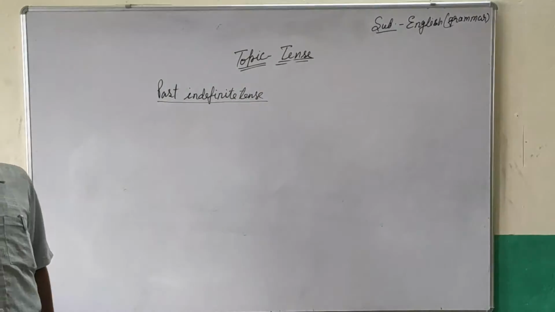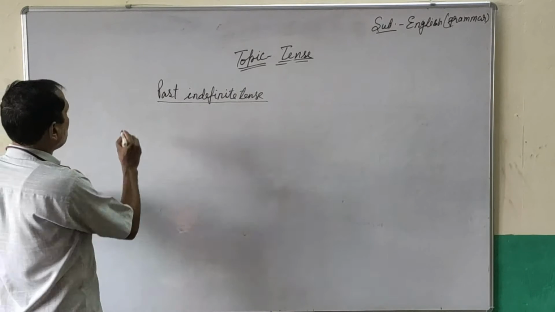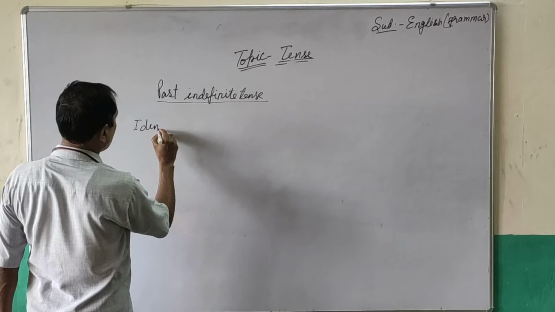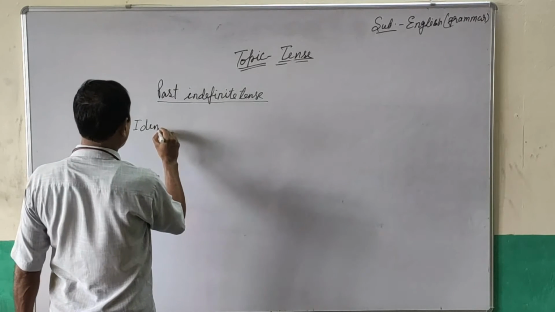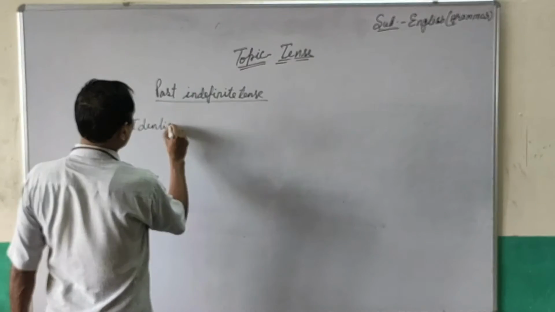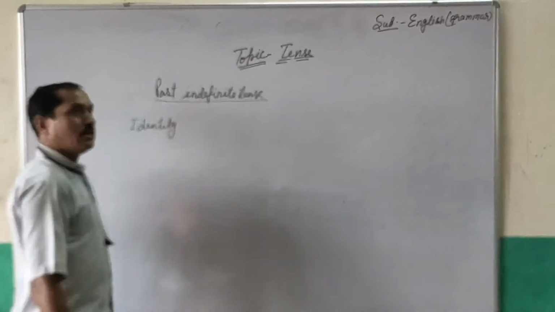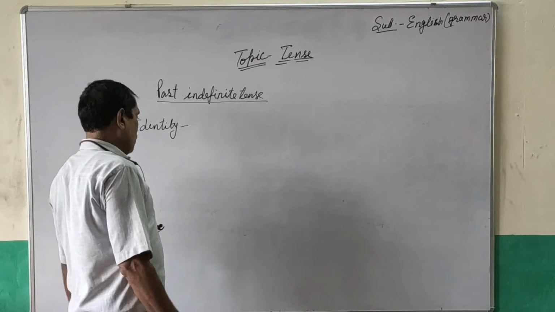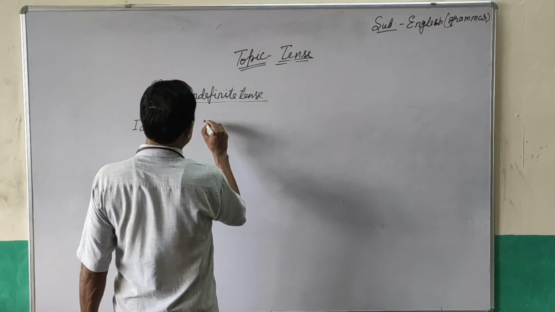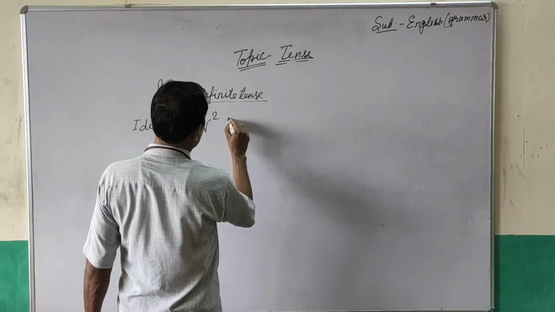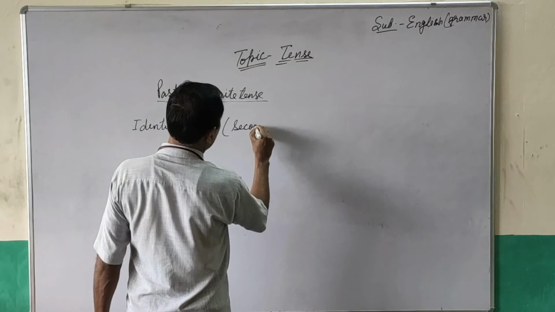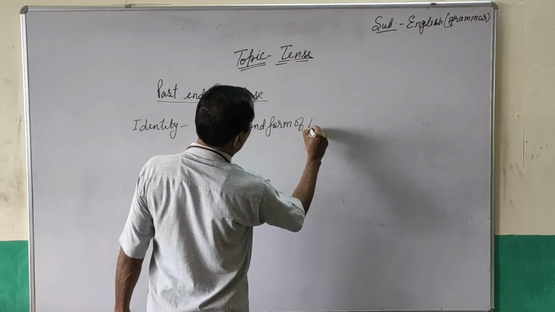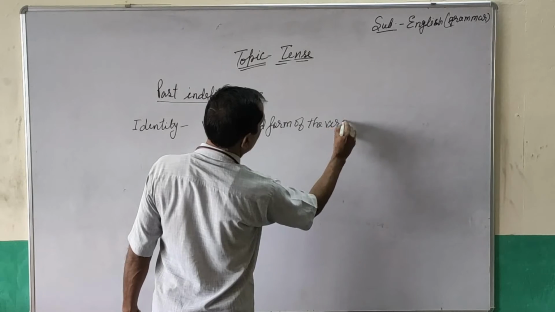How do we identify? First of all, identify. In the sentence, we use the second form of the verb.